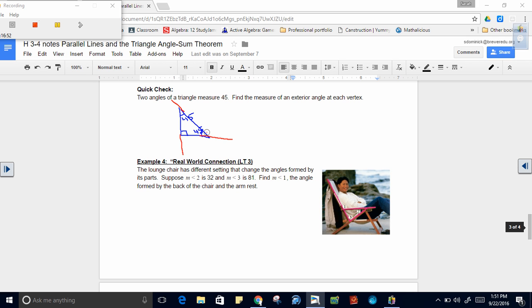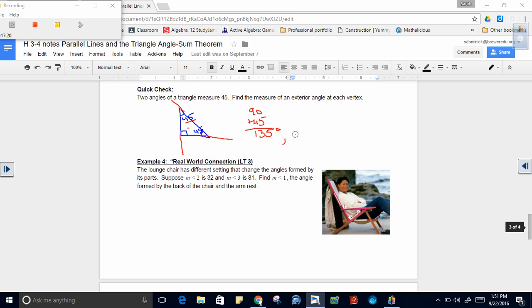Here, I would just have to add up the 45 and the 90. And we get 135. So that means that this right here must be 135. You could also just say 180 minus the 45, either way. This would also be 135, and this last one would be 90.